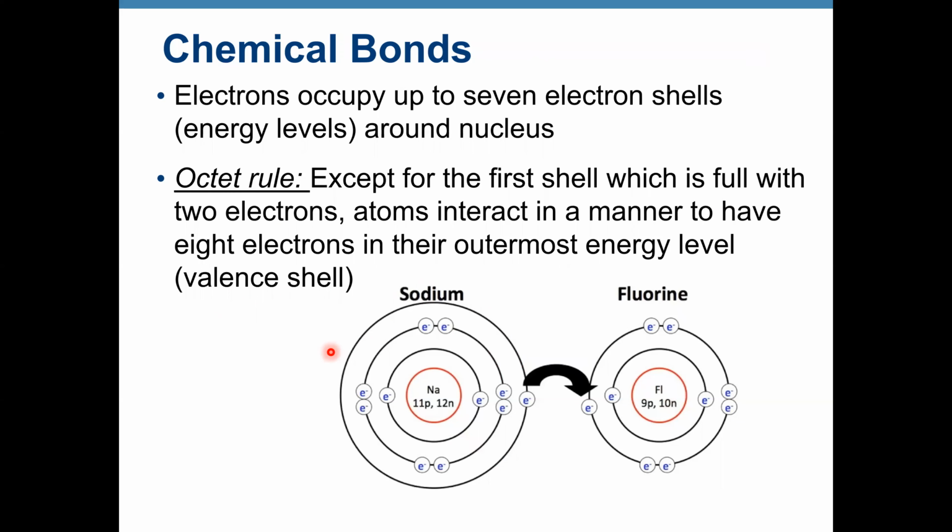So the outer shell of an element is a valence shell, and atoms have different numbers of electrons, but they're stable if they have 8, except for the very first shell, which can only support 2 electrons. So only 2 electrons can be found in the first electron shell or energy level, and all the other shells can have 8.